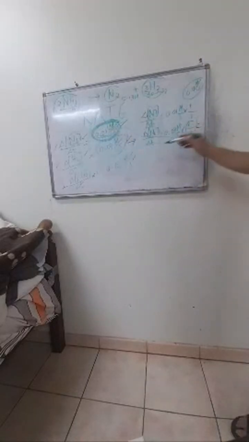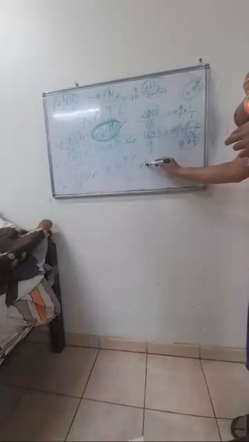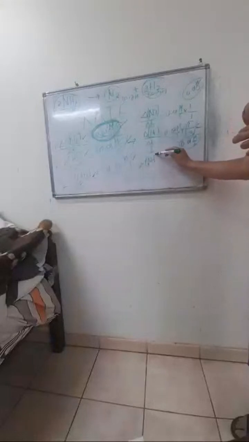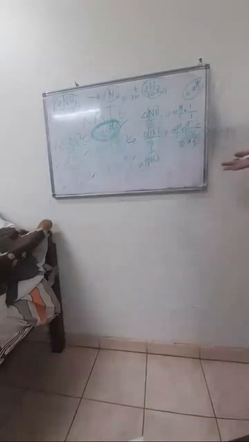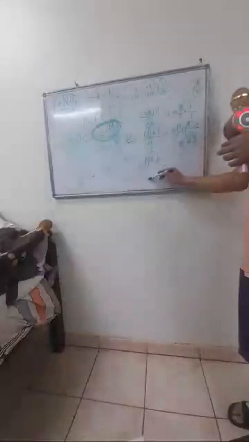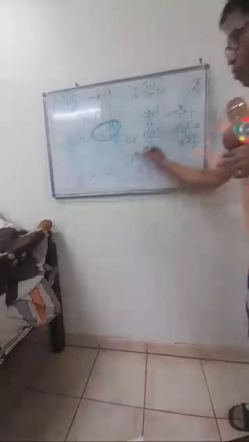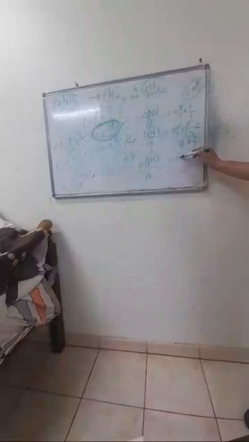Now, we go to delta H3. Meaning to say, it will be constant, always 0.01 when you do the individual reaction rate. But for the overall thing, this is how to compute delta T, and then we have 0.02 molar per second ammonia.